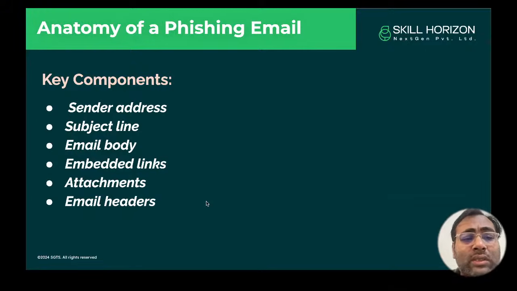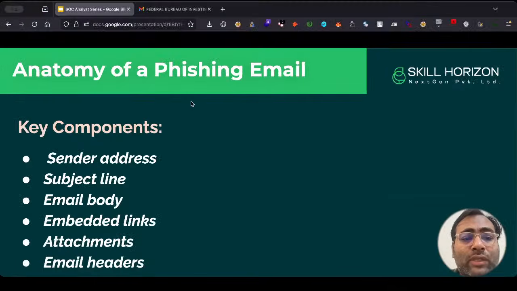All these six things are very important in an email. So if you are observing an email that you think is suspicious, or maybe a legitimate one, you need to check those six things. We will talk about them one by one, but let me show you one example of this.